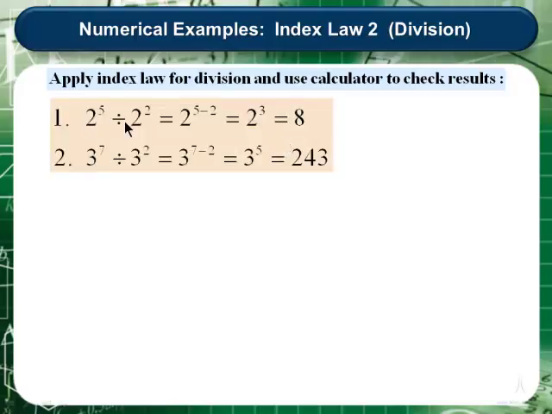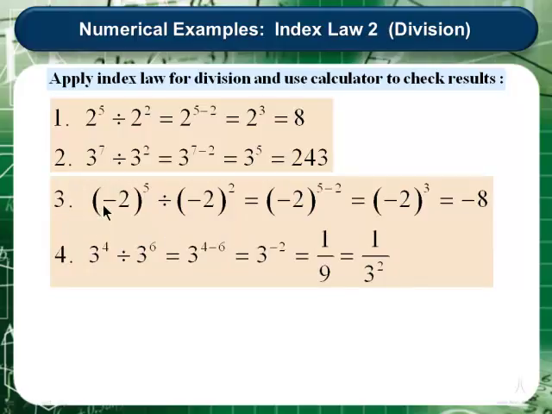So if you have 2 to the power 5 divided by 2 to the power 2, then according to this index law, it is 2 to the power 5 minus 2, or 2 to the power 3, namely 8. 3 to the power 7 divided by 3 to the power 2 will give us an answer of 3 to the power 7 minus 2, or 3 to the power 5, which in turn your calculator will indicate as 243.